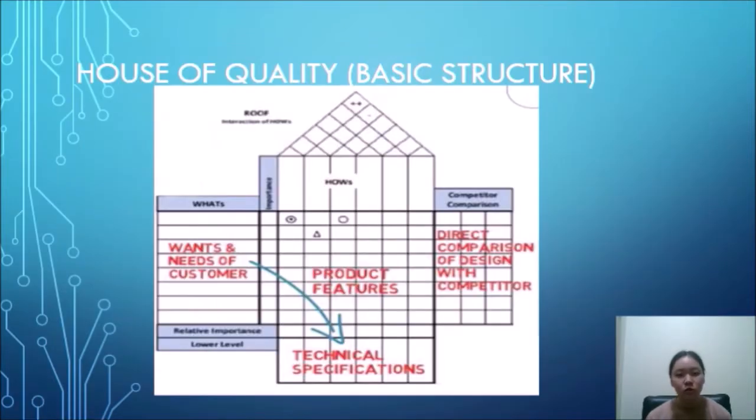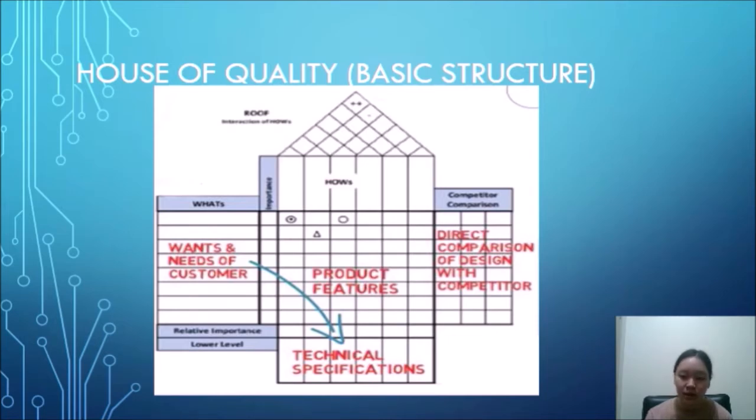This figure shows the basic structure of House of Quality. At first, we look at the left side column, which is the what. This defines the needs of customer, which is the voice of customer, while the horizontal column is the how, which refers to the engineering characteristic.